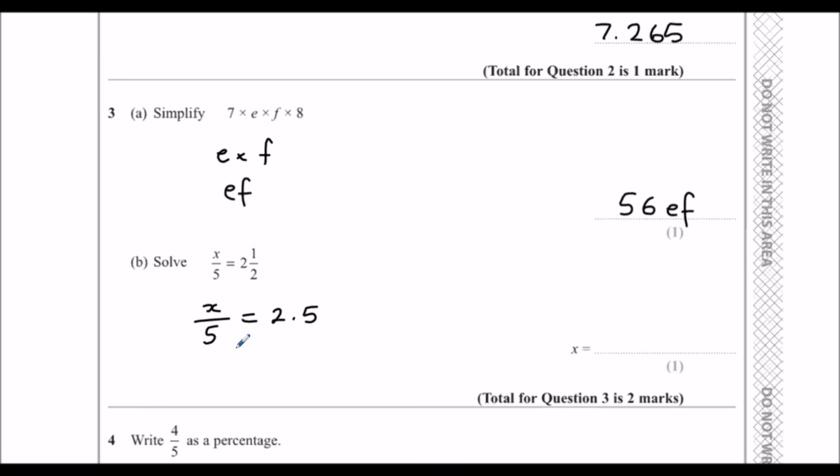So if I want to get rid of a divide by 5 in an equation, I can times both sides by 5. So if I times the left side by 5 and times the right side by 5, X divided by 5 times 5 is X, and 2.5 times 5 is 12.5. So X is 12.5.